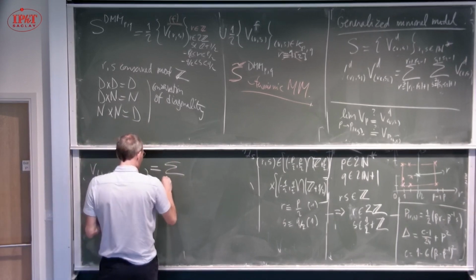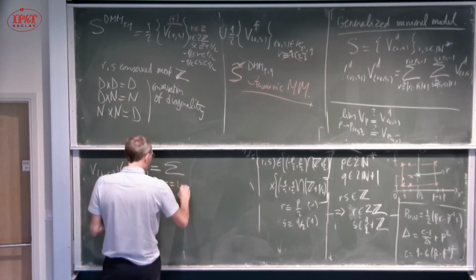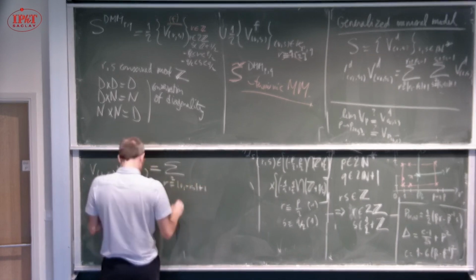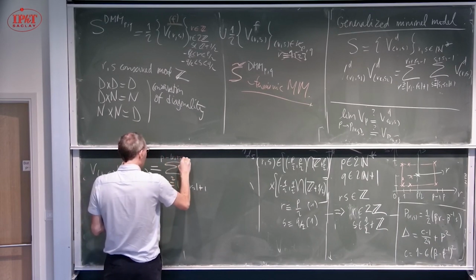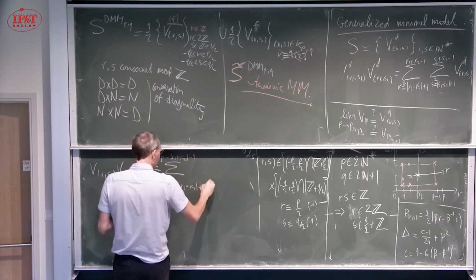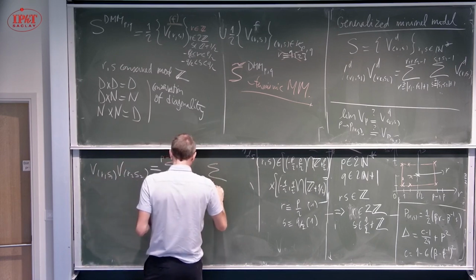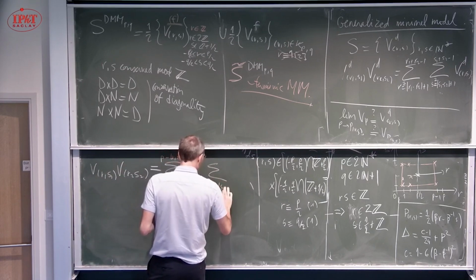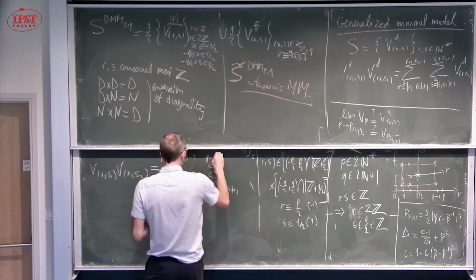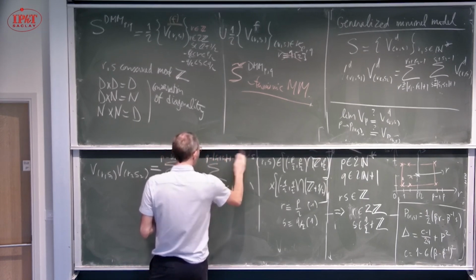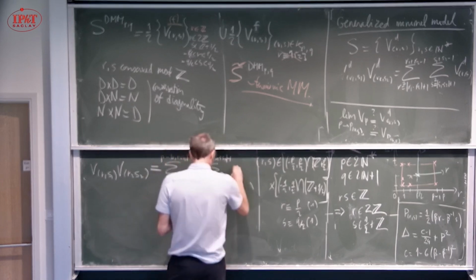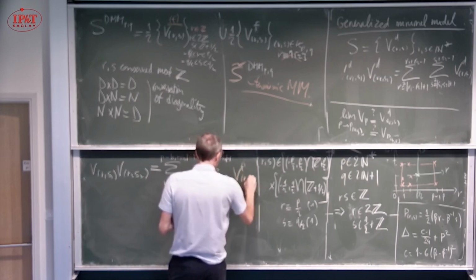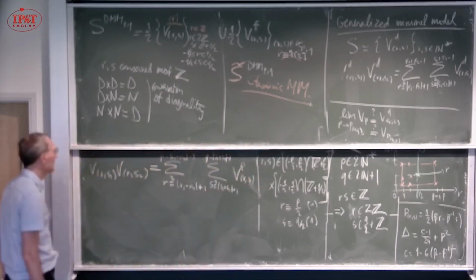So this is a sum from R equals R1 minus R2 plus 1 to P minus R1 plus R2 minus 1, sum from S equals S1 minus S2 plus 1 to Q minus S1 plus S2 minus 1, of the field RS.